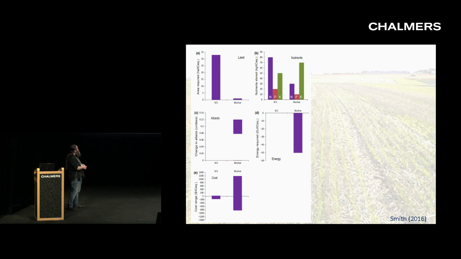In terms of nutrients, this is something that's been raised recently, particularly in the context of the French government's 4 per mil initiative. They're saying we've got a fixed stoichiometric ratio between carbon and the other elements. So if we're trying to increase the carbon stock by, say, a gigaton, then we know that we're also going to increase the amount of nitrogen, phosphorus and potassium that we need because we have those sorts of fixed ratios.